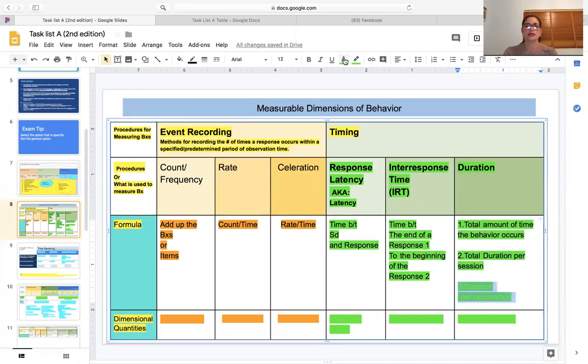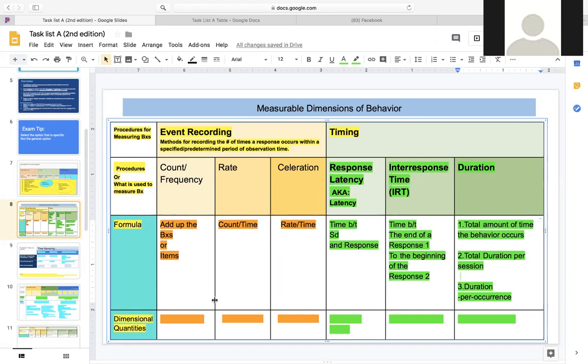Do you want to explain what's the difference? In total duration per session, you want to know the total amount of time that the individual engages in a behavior. And in duration per occurrence, you want to know the duration of each instance of that behavior.